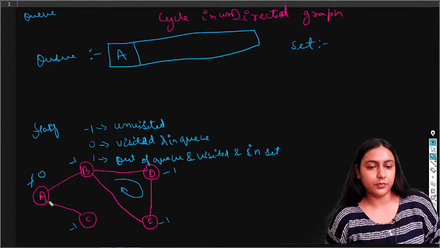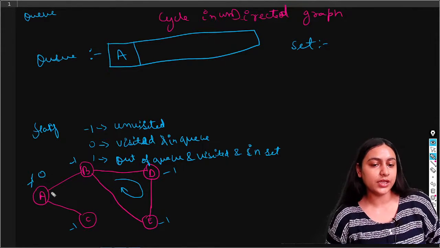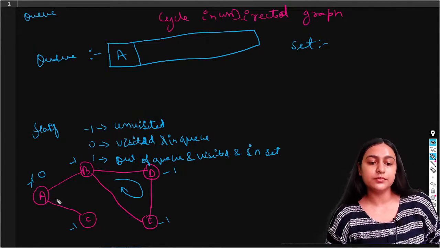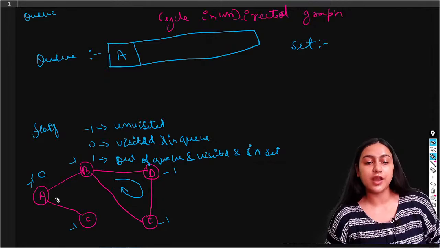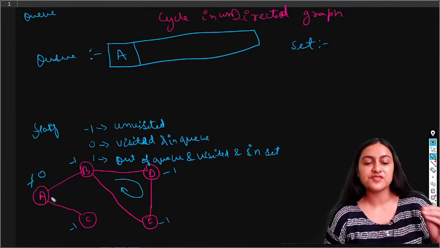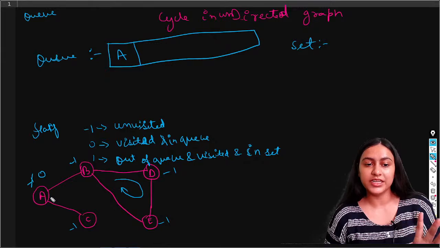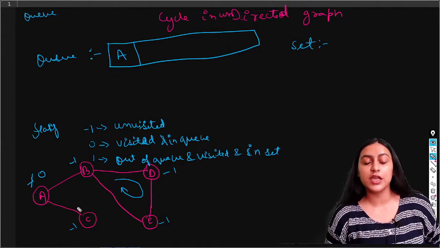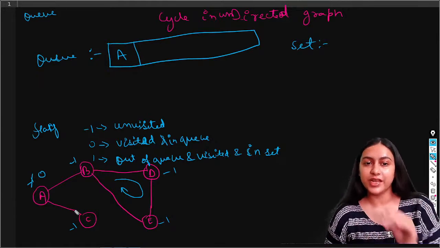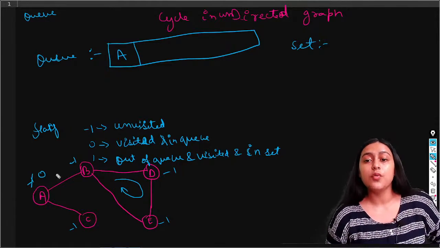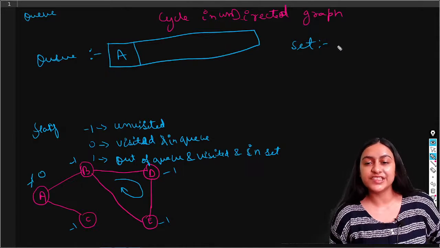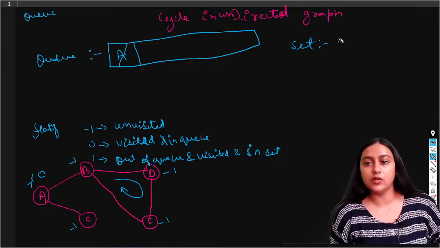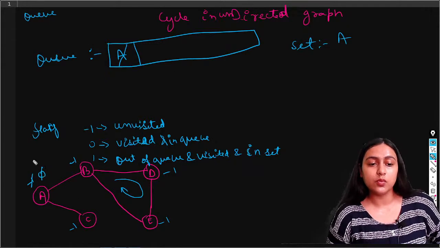Now I have two options. From A, I can go to B or C. I can go on either side. What does breadth first traversal mean? We are going to explore all the vertices which are attached to our current vertex. So we first explore all its neighbor vertices, and only then move on to the next vertex. When I remove A from the queue, I move it to our answer set, and change its value to 1.